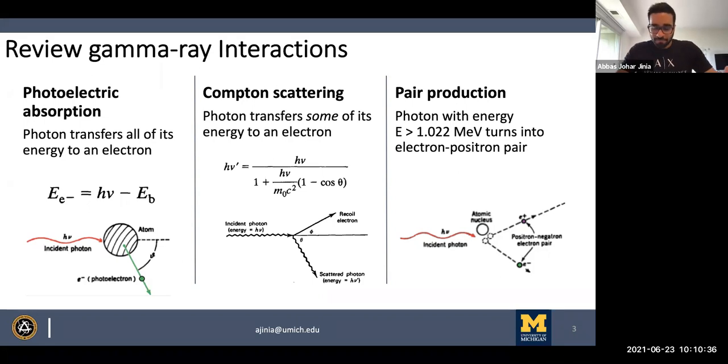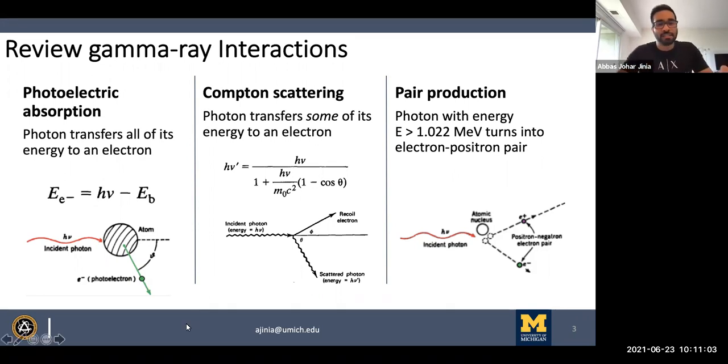production to happen. Now, in pair production, again, the photon deposits whatever is the energy of the photon, 1.02 MeV goes into the reaction, and then this particular reaction results in emission of an electron and positron pair. And again, this electron and positron will contribute to our electrical signal.